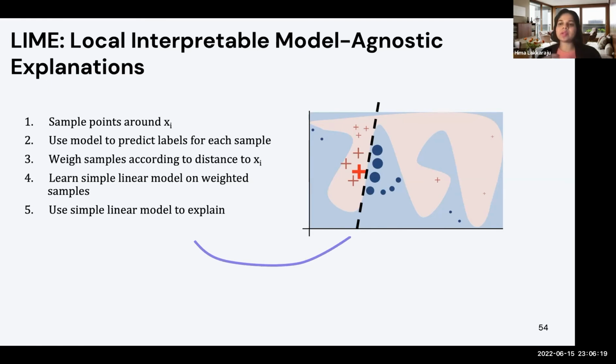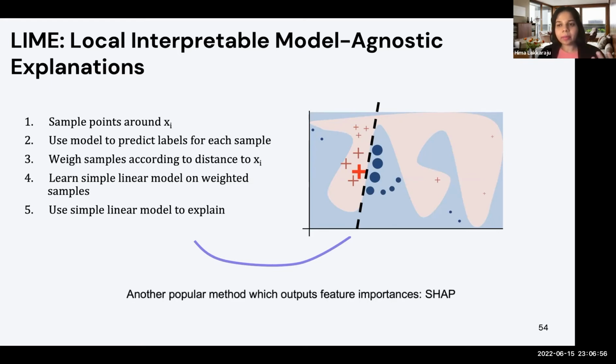Just to summarize, to explain the prediction of this point Xi, you take the point, perturb it a little bit, generate a bunch of points in its neighborhood, and label each of these points using the predictions given by the underlying model. Then we fit a weighted linear model on these points and the model predictions. That linear model serves as a local explanation of the underlying complex model, right? So we are essentially doing a local function approximation here.